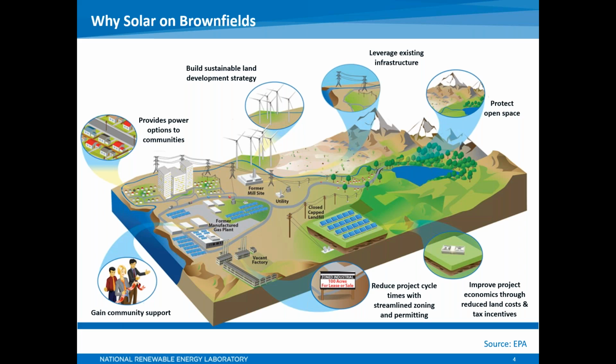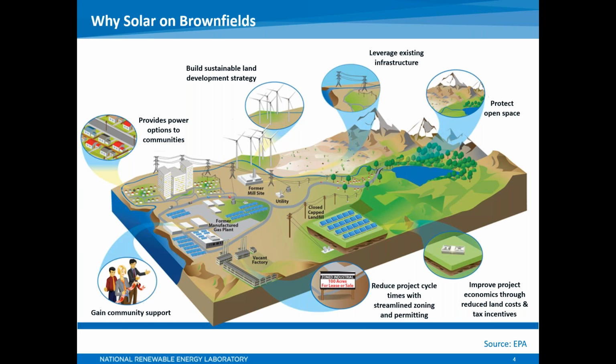You may be able to improve project economics through reduced land cost and tax incentives. That all, of course, depends on the site. You all probably know that in some areas, it may be a less expensive option to use brownfields because that land is reduced in value. And in some cases, you may receive some tax incentives to develop that land.